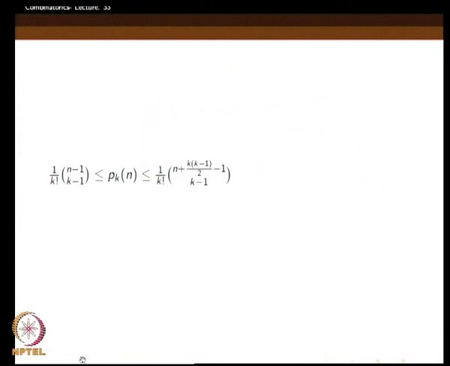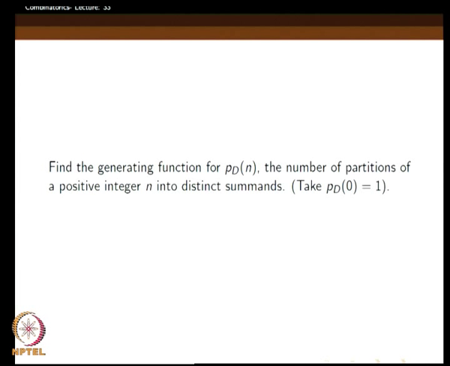So up to now we were discussing one special kind of partitions, namely the partitions where the number of parts, number of summands, is equal to k, fixed k, right, for a fixed k. Now we will consider a different kind of partition, namely when all parts are distinct.